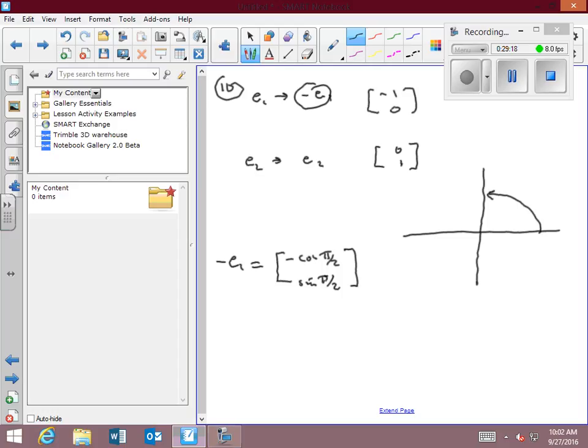And then that E2 is just going to be that second part, which is a minus sine of pi over 2, cosine of pi over 2.